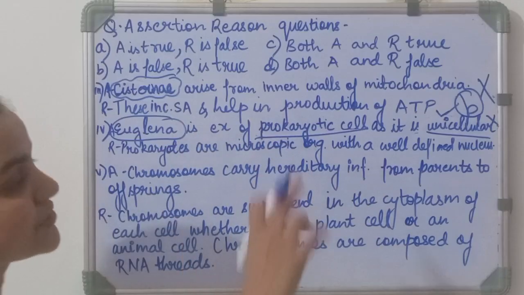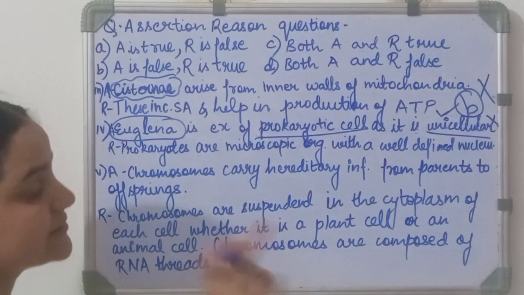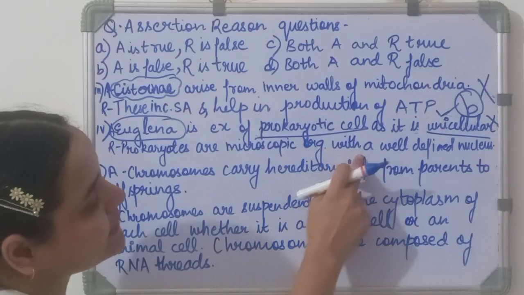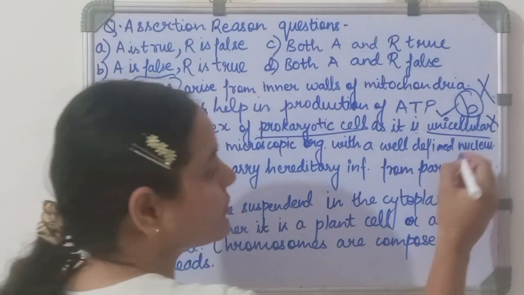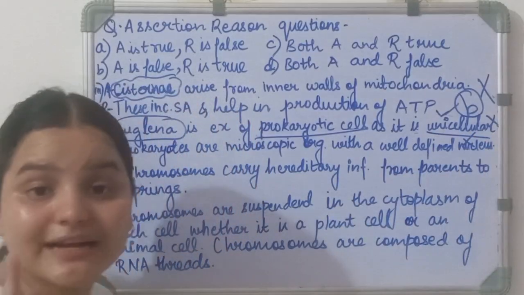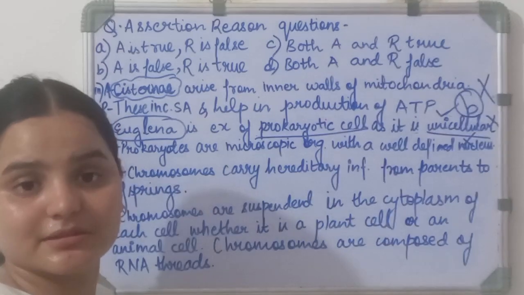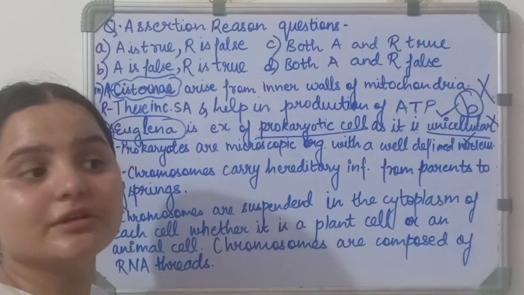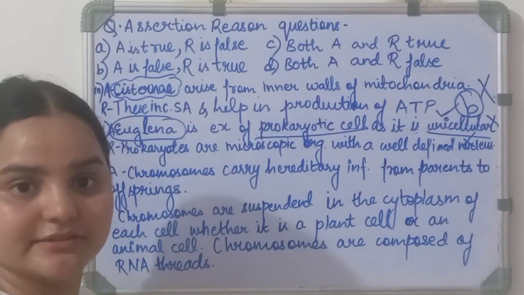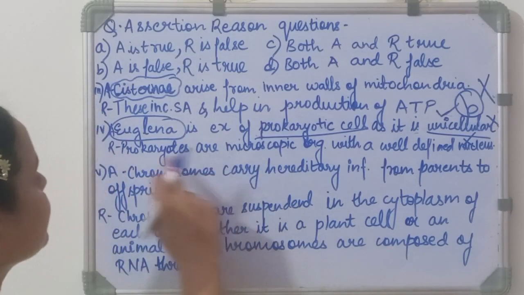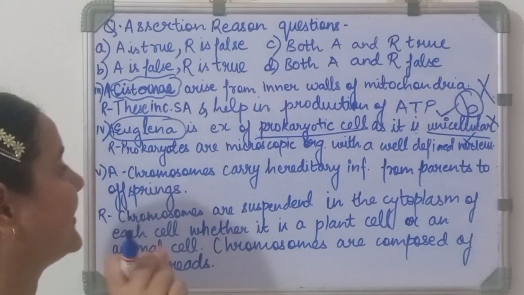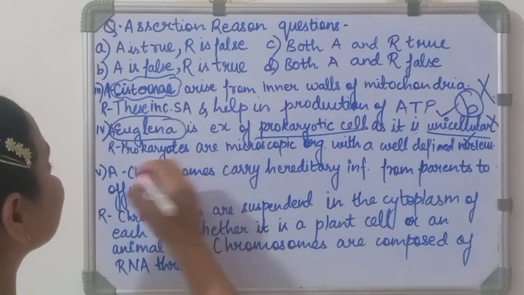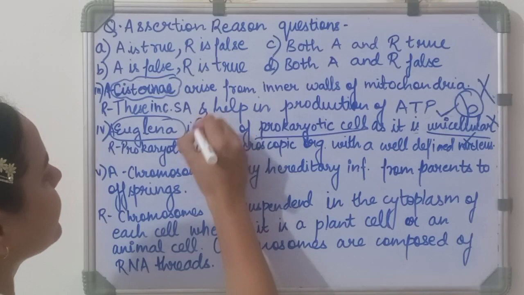So assertion is incorrect. Now, reason: prokaryotes are microscopic organisms with a well-defined nucleus. No, they do not have a well-defined nucleus. Their nucleus lies freely in the cytoplasm. No nuclear membrane bound nucleus is present. So this reason is also incorrect. So option D is correct here.